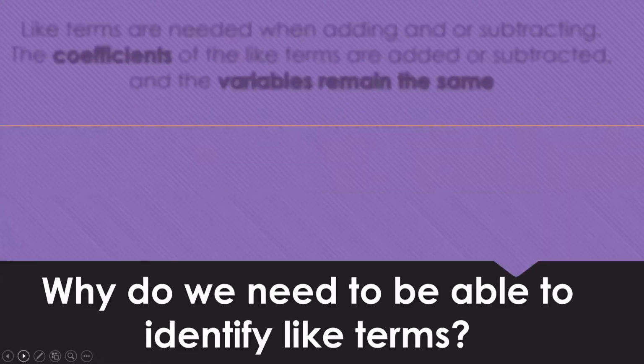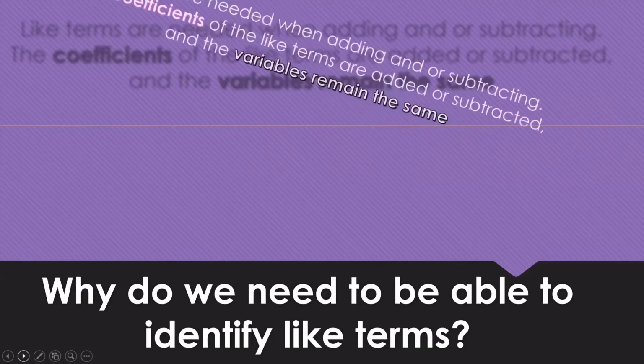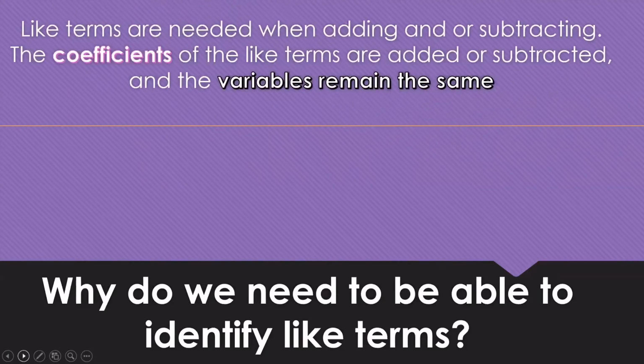Okay, so why do we need to be able to identify like terms? What's the point? Well, like terms are needed when adding and or subtracting. So in order to simplify an expression, and when we say simplify, you're going to see this word a lot throughout math, it means to take your problem and go as low as you possibly can go.